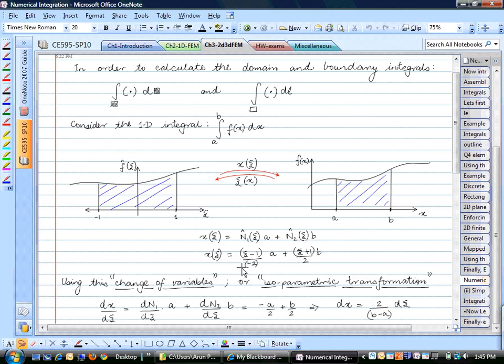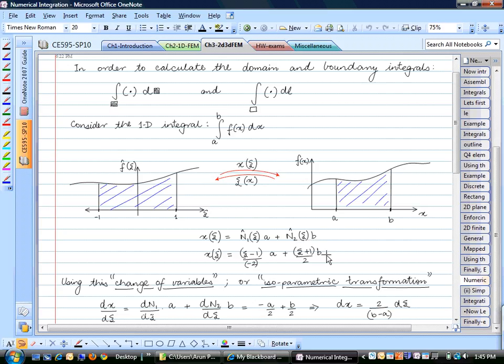And it's linear only because we are choosing these shape functions. If we were to choose the 3-noded shape function, it would not be linear, especially if the middle node is not at the half location.